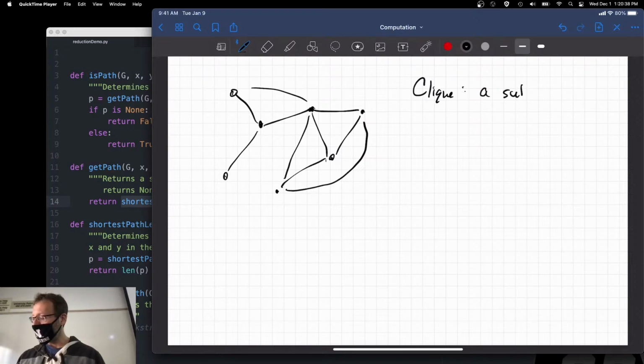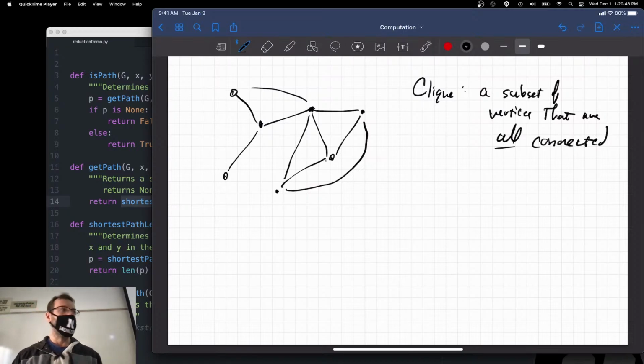A clique is a subset of vertices that are all connected. So, for example, what's a clique here? 1, 2, 3, 4. They're all connected.